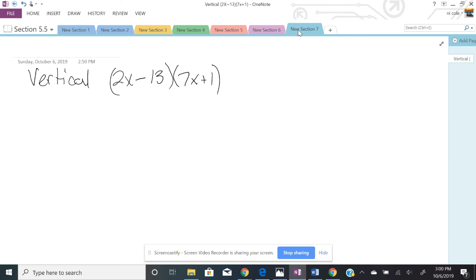Another way to look at these is we could do this vertically. So that would be 2x minus 13 over 7x plus 1. Okay, this is multiplication. 1 times negative 13 gives you minus 13. 1 times 2x gives you 2x. Now we go on to the 7. 7x times 13 equals 91x, negative 91x.